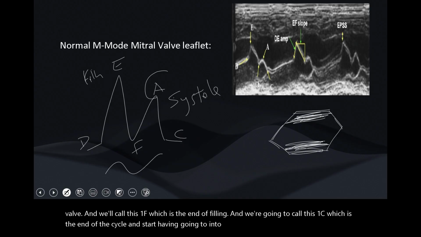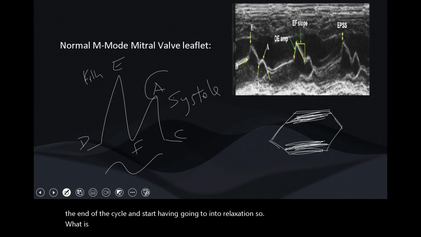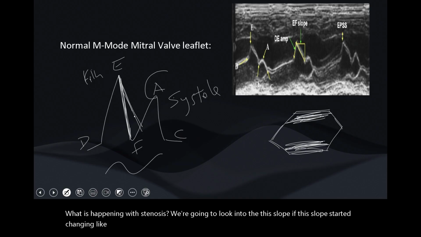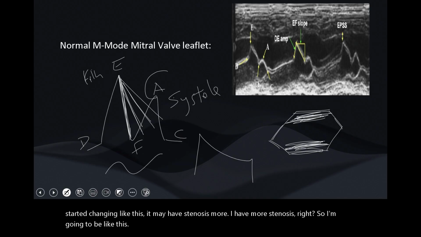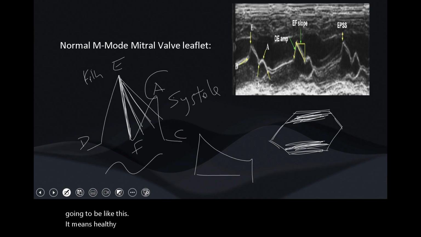So what is happening with stenosis? We're going to look at this slope. If this slope starts changing like this, it means I have stenosis. I have more stenosis, right? So if it's like this, it means I have severe stenosis. Work only on the slope.